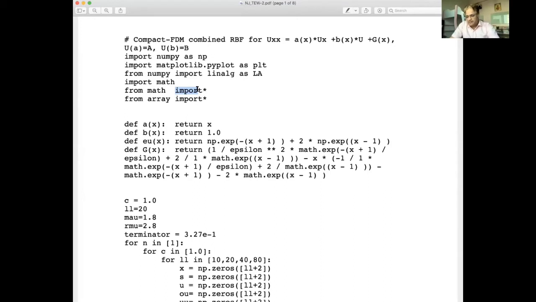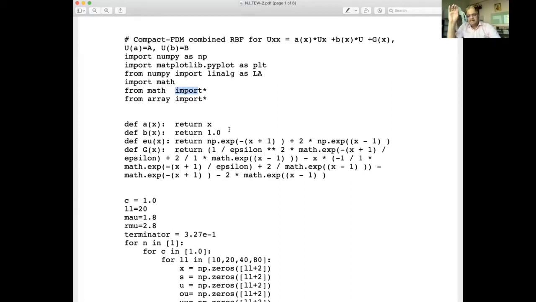So I have seen the problem which I have coded here. a(x), b(x), and g(x) are three functions of x which are known to us beforehand, so I have to define all of them. I defined a(x) by writing def ax colon return x. This is the syntax of defining a function; a(x) equal to x in mathematics is written as def ax colon return x.